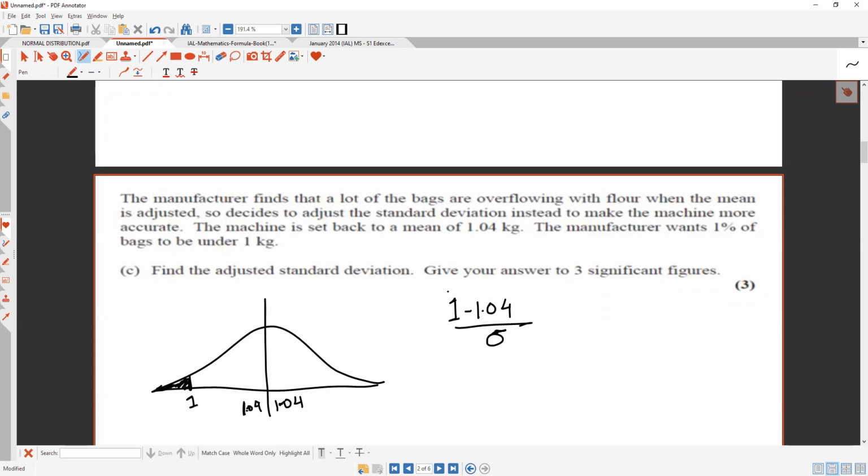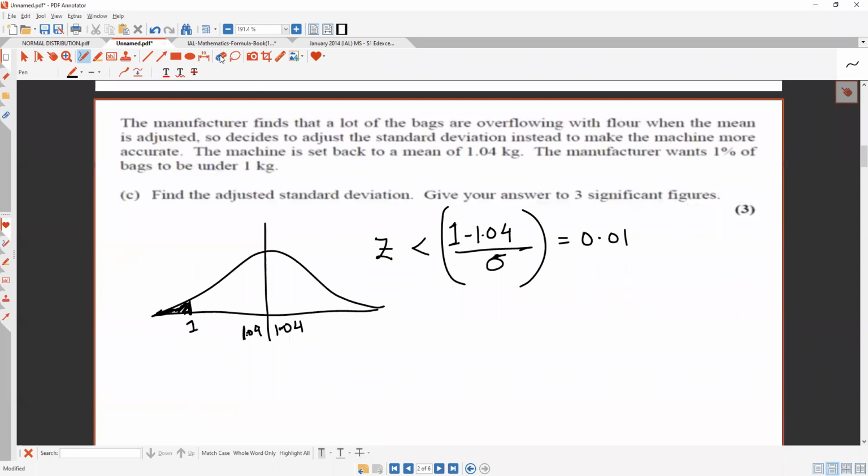Your Z being less than that should be 0.01. Clear? Again, with the mirror image you can bring this 0.01 over to the right hand side.